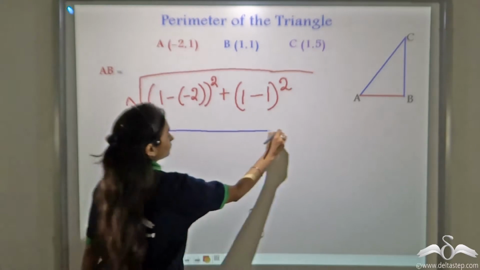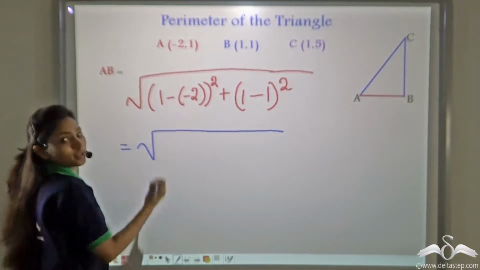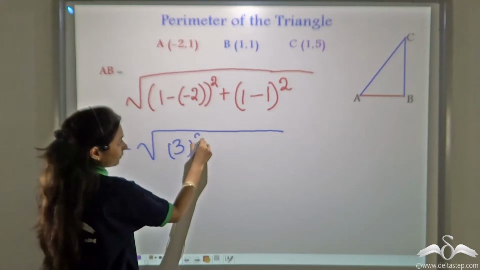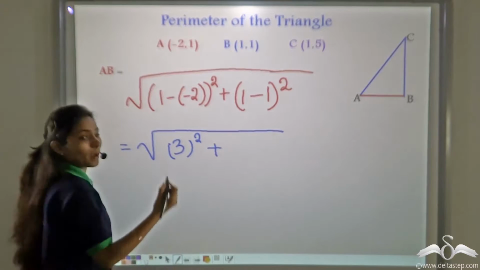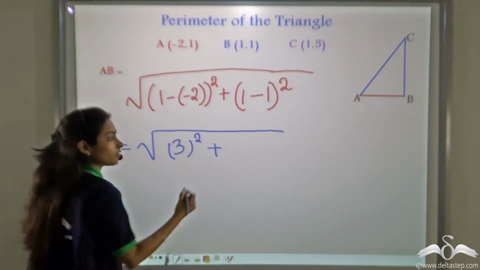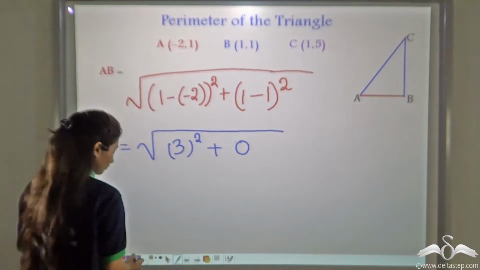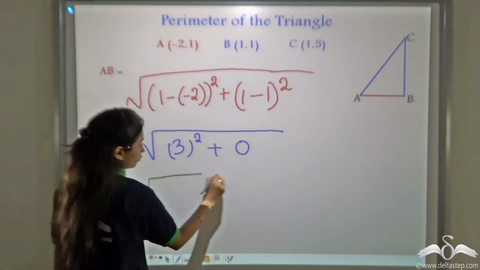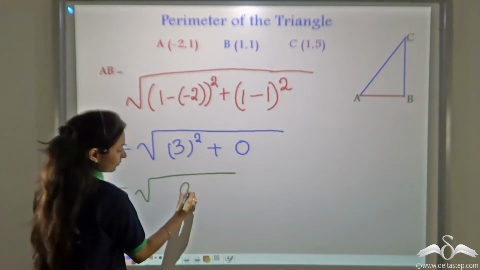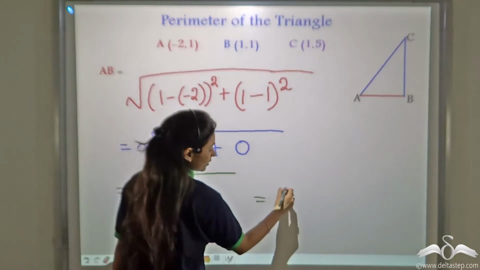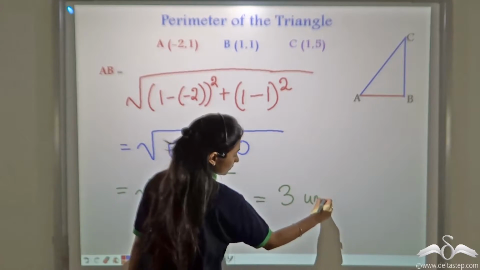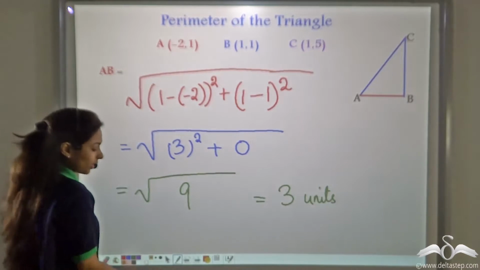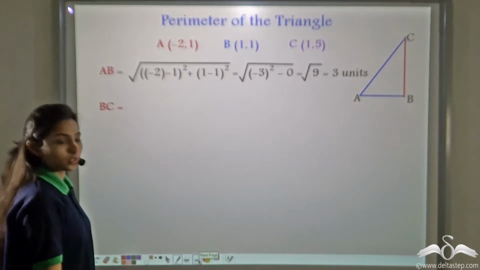Root over, now 1 minus of -2 will give me 1 plus 2, which is 3, whole square, plus 1 minus 1 is 0, 0 whole square will give me 0, which will give me root over 3 square, which is 9. Now root over 9 is 3, so 3 units. So we successfully found AB. So AB is 3 units.